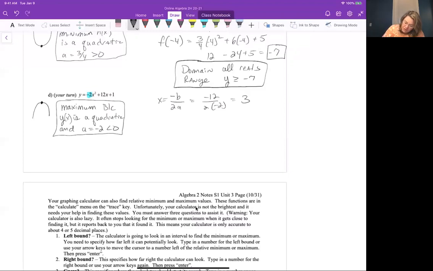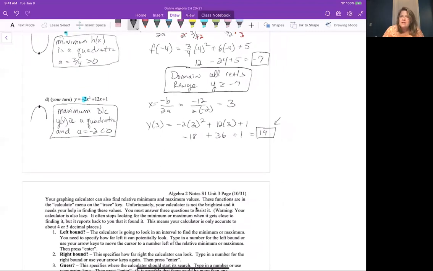Then I plug in 3 for x. So y of 3 equals negative 2 times 3 squared plus 12 times 3 plus 1. That gives me negative 18 plus 36 plus 1, which gives me a value of 19. This is my maximum value that the function can have. That's the y value, the function output. The max I can have is 19.